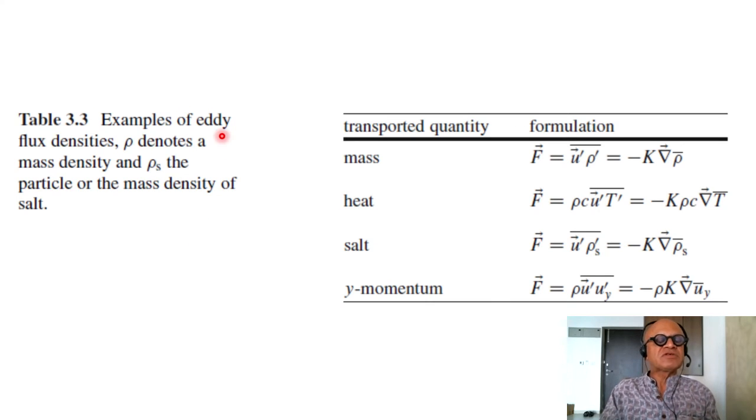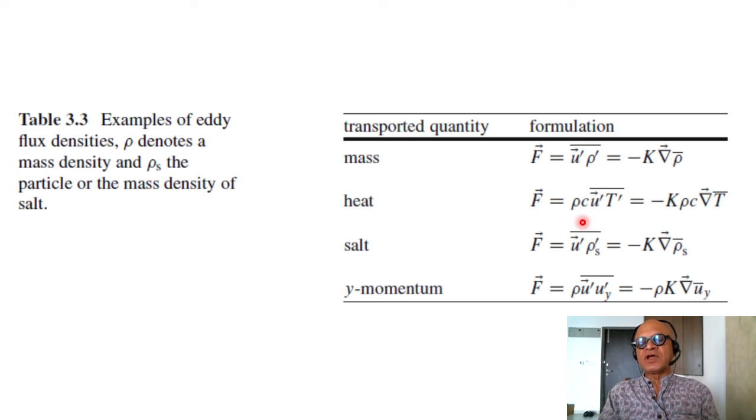Okay, so examples of eddy flux densities: rho denotes a mass density, and rho s, the mass density of salt, is just to keep parallel to the previous advection and diffusion terms. So for mass we have three-dimensional flux, vector u prime times rho prime average, so that is the fluctuation of density around the mean, which can be written as minus eddy diffusivity times gradient of rho bar, which is basically parallel to the molecular diffusion term we had written.